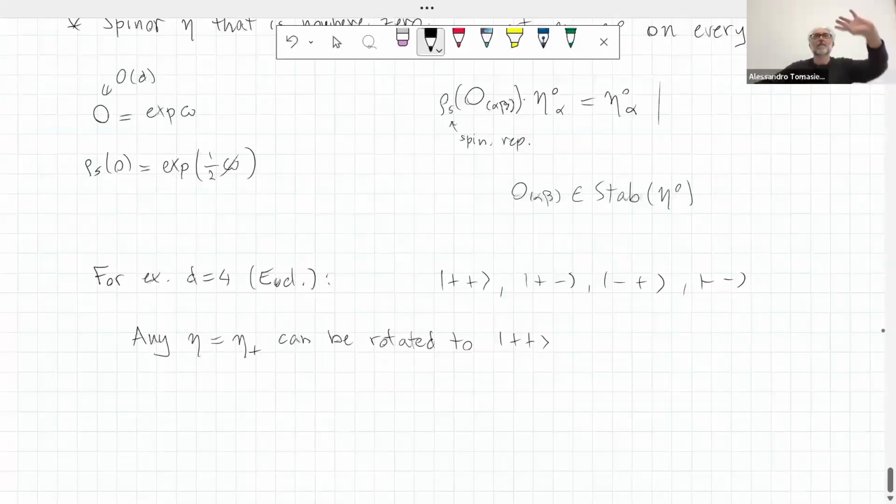So you take a rotation in space, you associate this spinorial representation of the rotation in space, you act on any chiral spinor you have of chirality plus, and you will be able to bring it to this form. Actually, in this case, you can do the exercise, it is not that complicated.